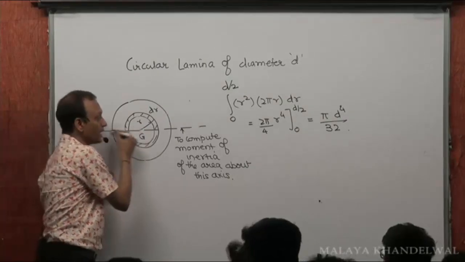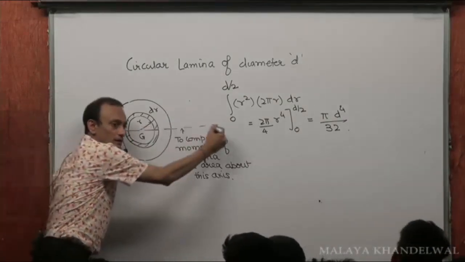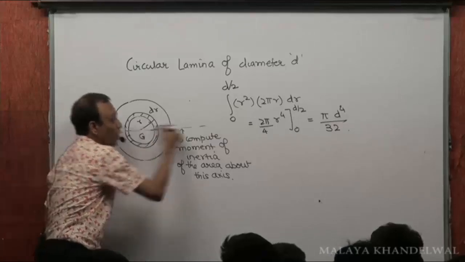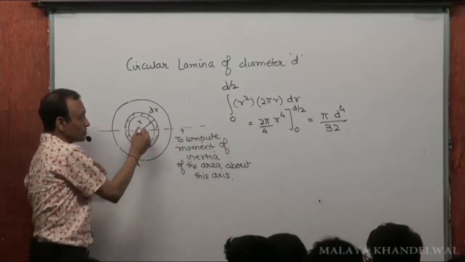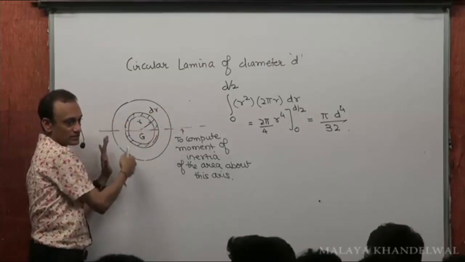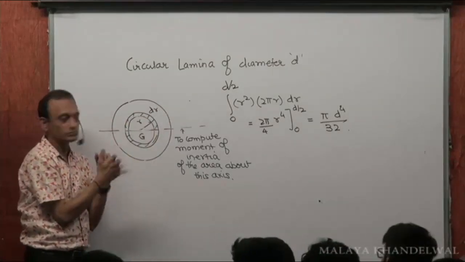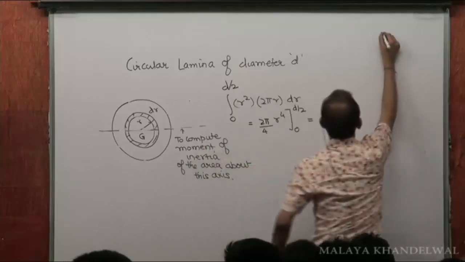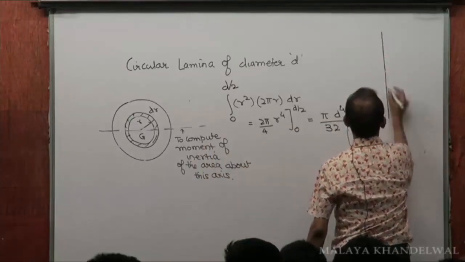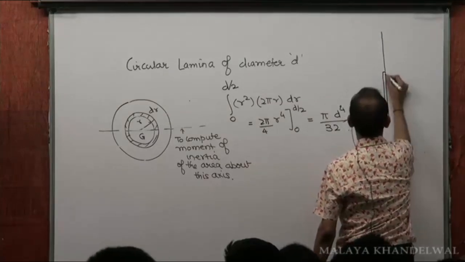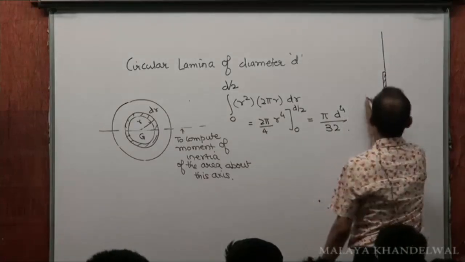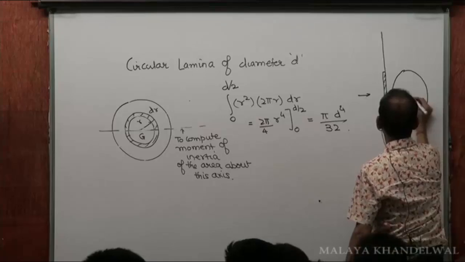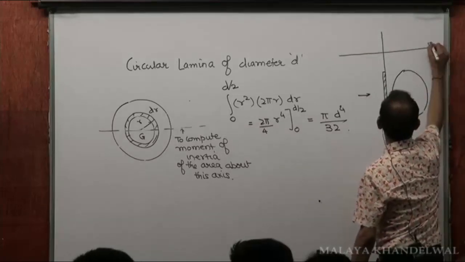But I want to compute I about G along a diameter, not about this axis, because the diameter will be parallel to the free surface. My gate is like this, and this view of the gate is a circle. This is G, and this is the free surface.